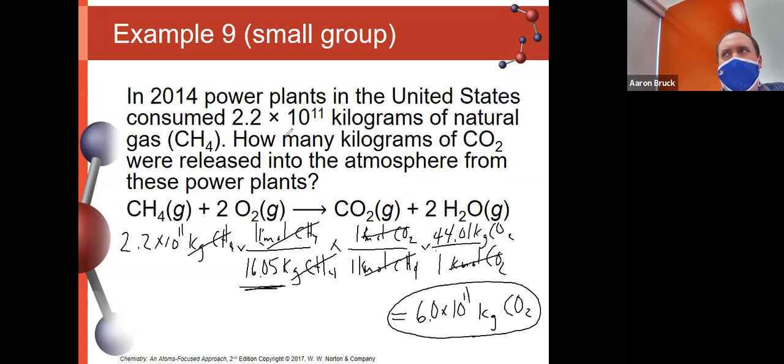The 0.05 comes from those little add-ons, the 0.01s on each of those elements. And then the 44.01 you should have gotten from the previous example because we used carbon dioxide there as well. 1 carbon plus 2 oxygens is 44. So this should have been where you ended up.